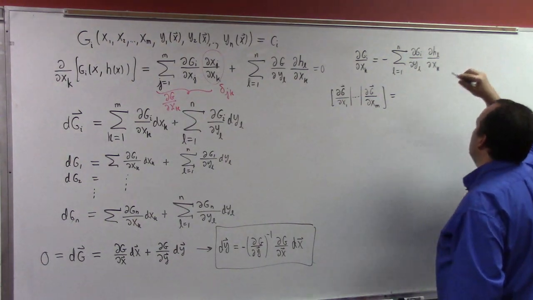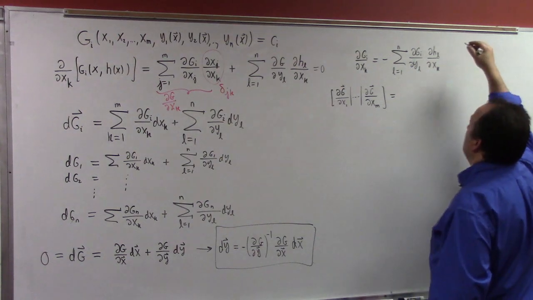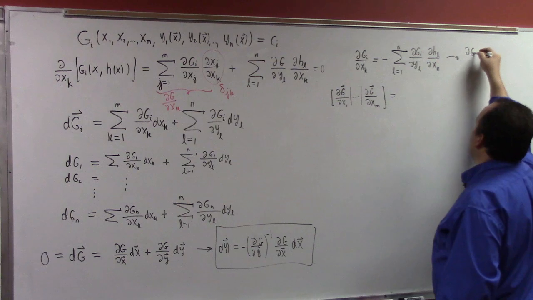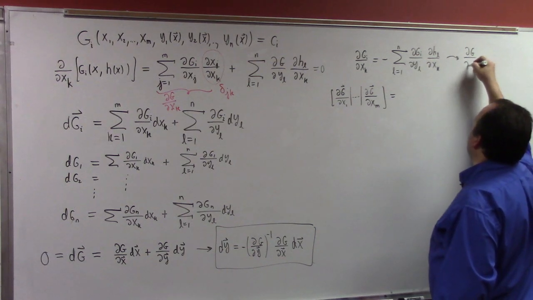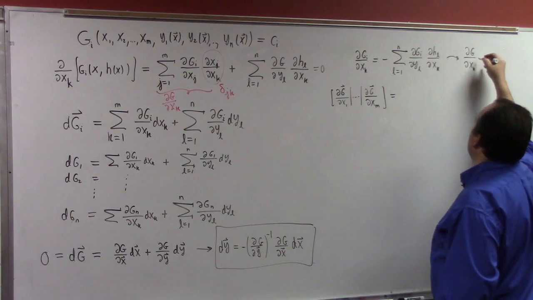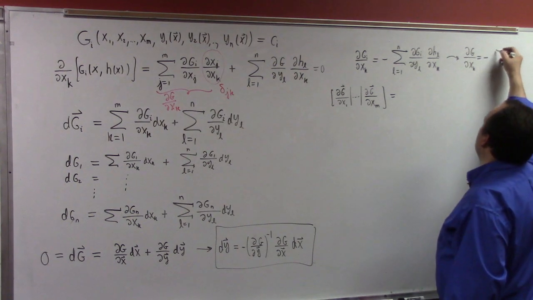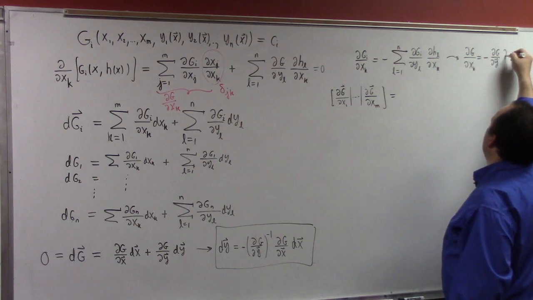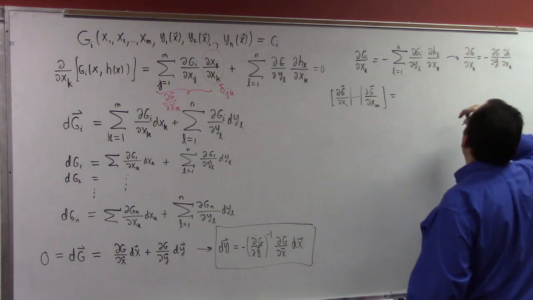Instead, I said that basically this is saying partial G partial x_k is equal to minus partial G partial Y times partial H partial x_k. I think that's essentially what I did.